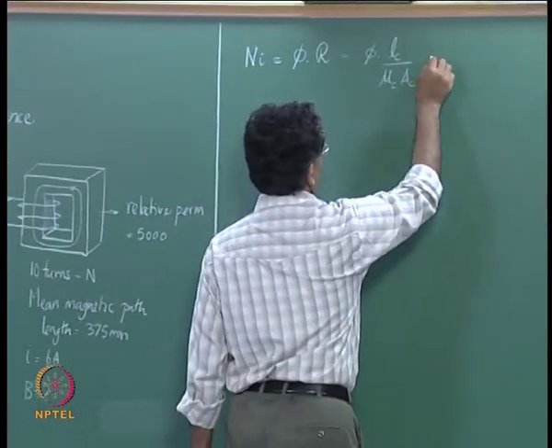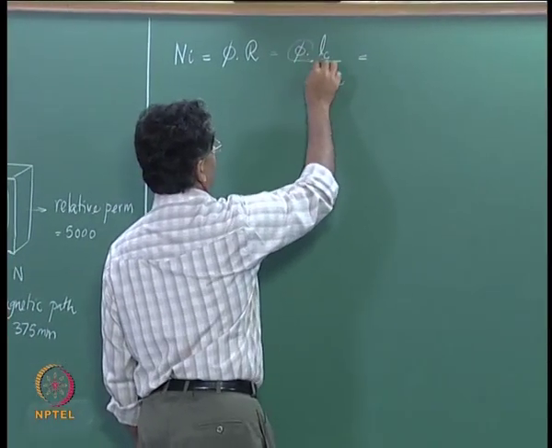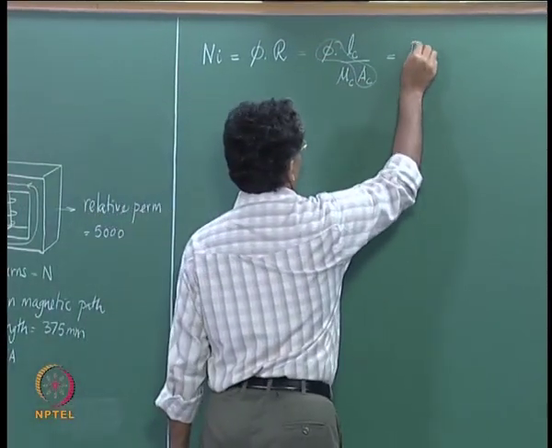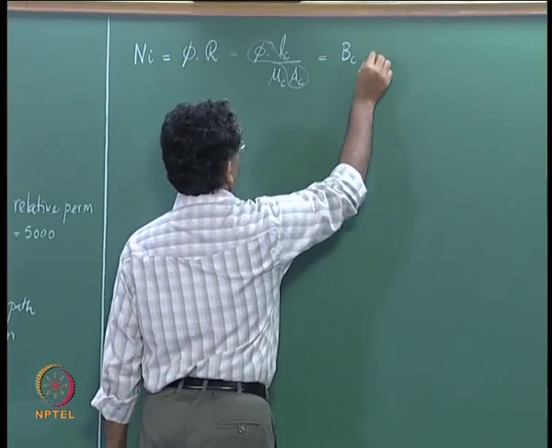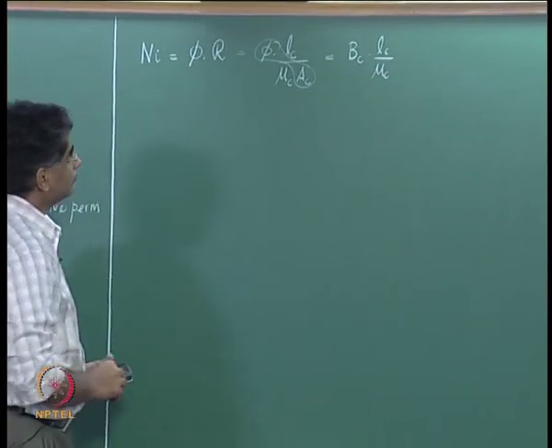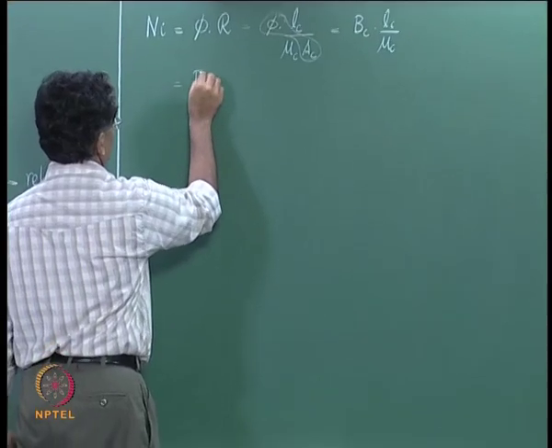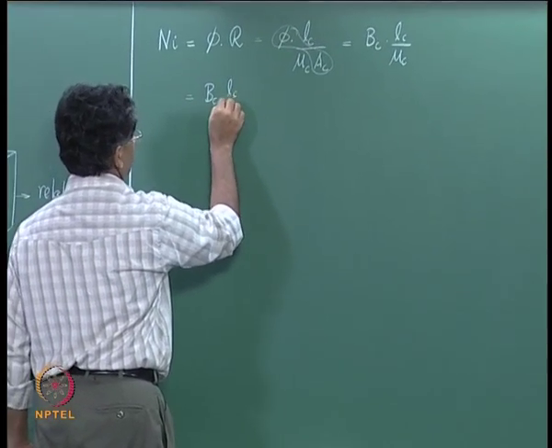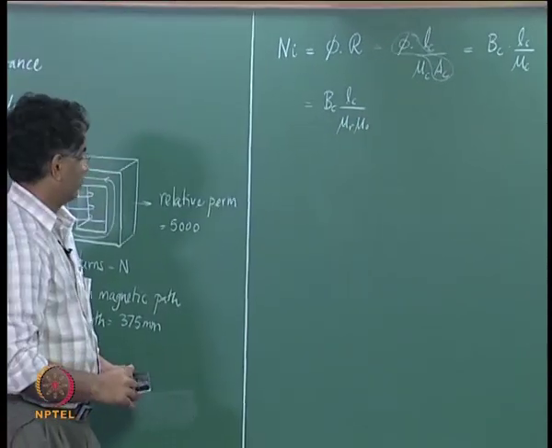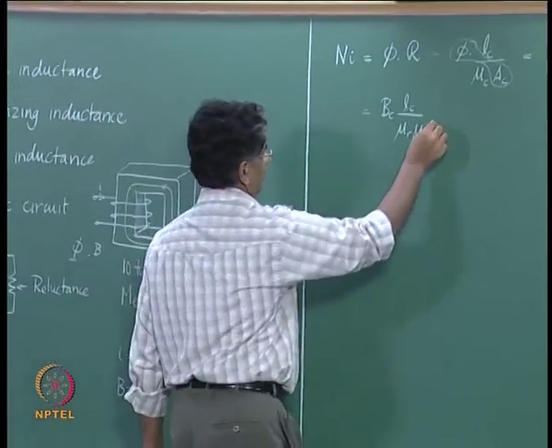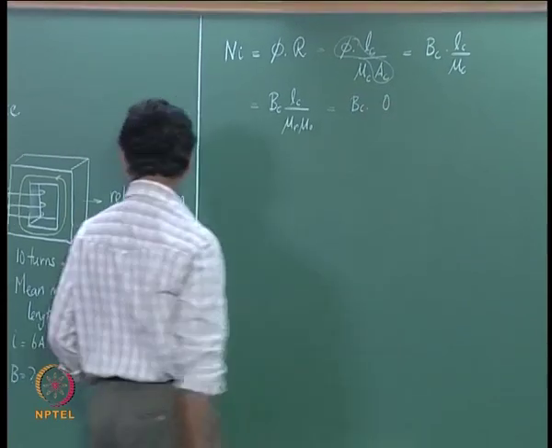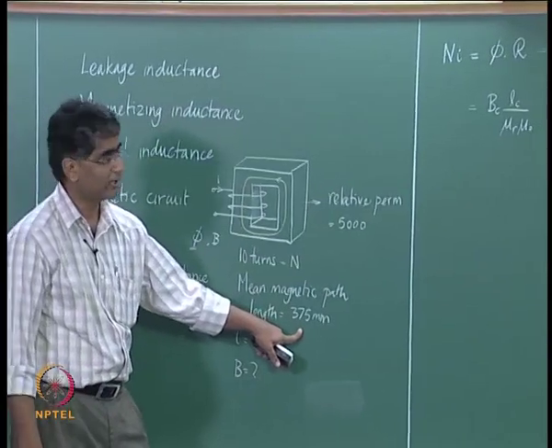Which can be written again as, since phi divided by area is nothing but B, we can call that the flux density in the core multiplied by length of the core divided by mu of the core, which is BC into length of the core divided by mu R into mu naught. We know the value of mu R, and therefore this is BC multiplied by length of the core, 375 mm, that is the mean magnetic path length.